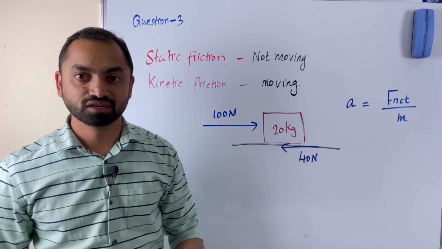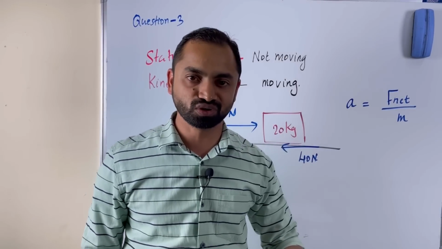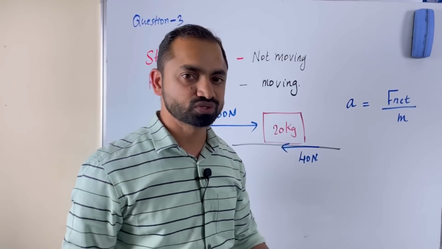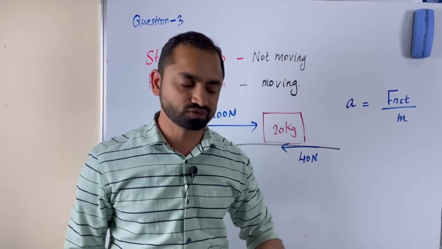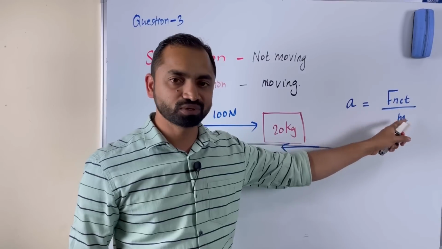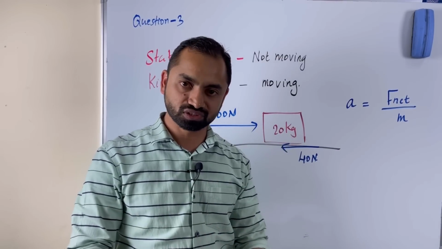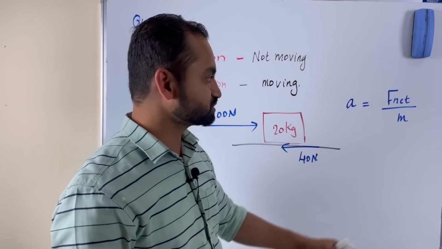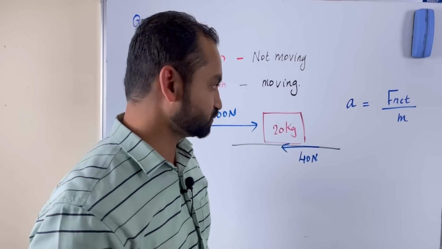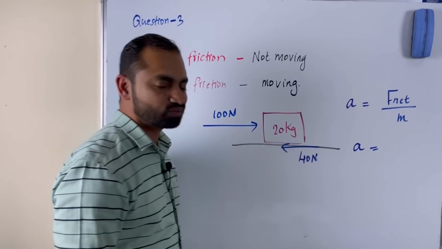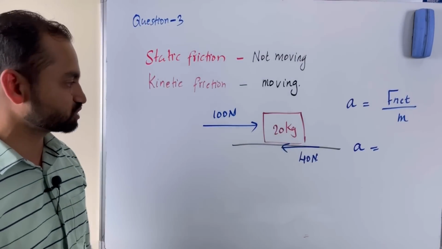F net is the net force. It's also called resultant force, or unbalanced force, and m is the mass of the object. So acceleration is equal to net force divided by mass, that is Newton's second law.